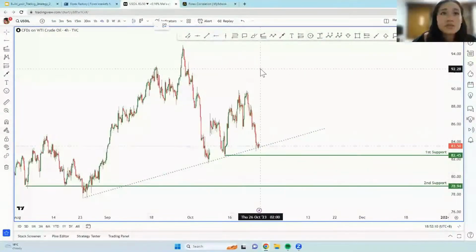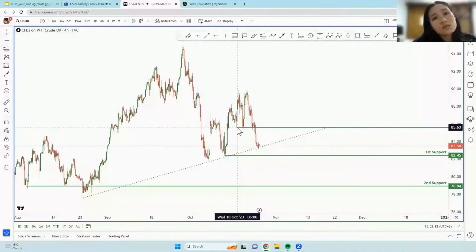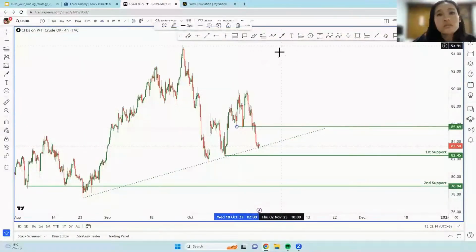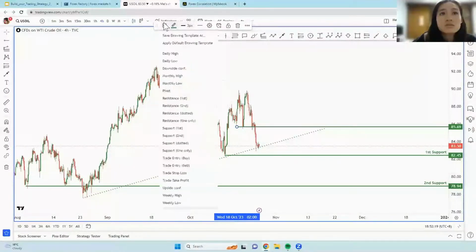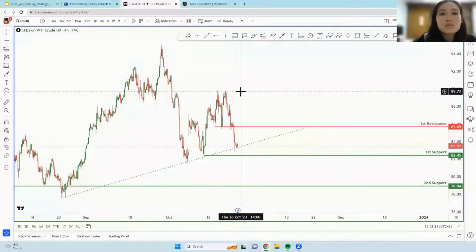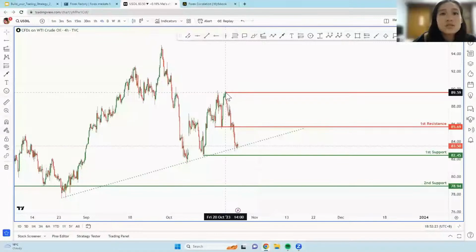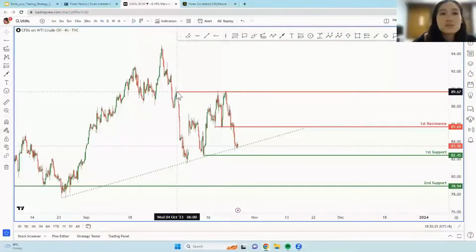And then my first resistance and my second resistance just here.